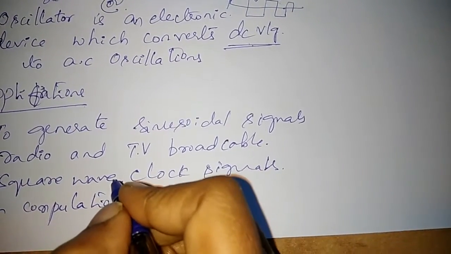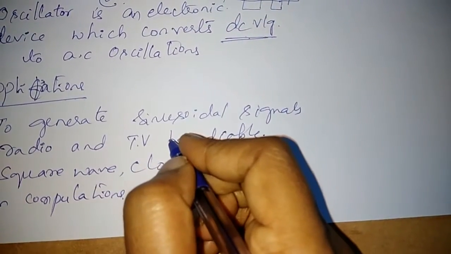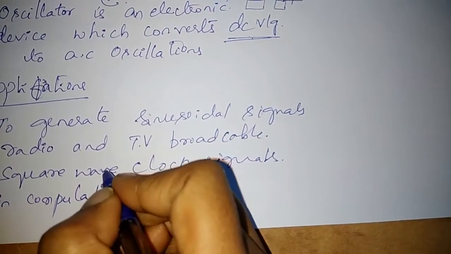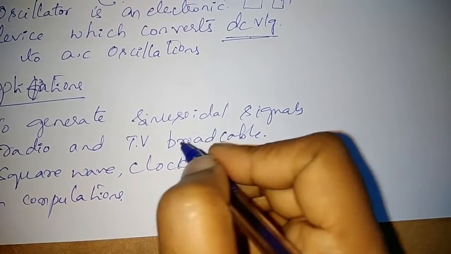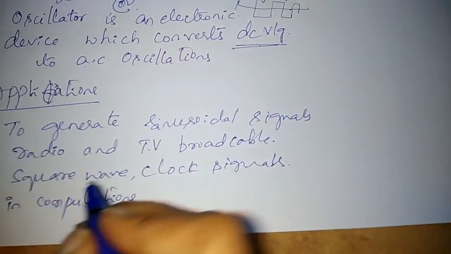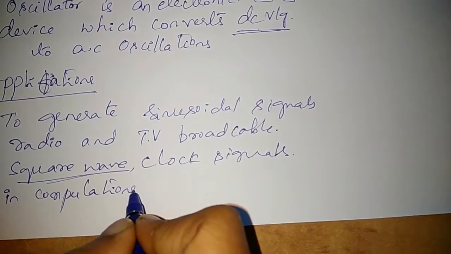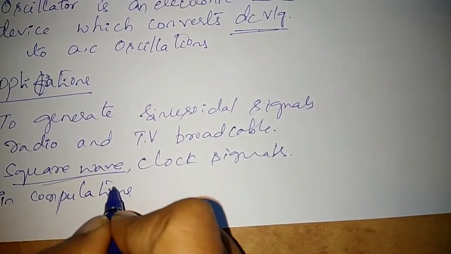I had shown this in the transistor as a switch condition. In other applications, such as computations, mobile phones and other digital systems, only square wave is used. And it is also very commonly used in communications.